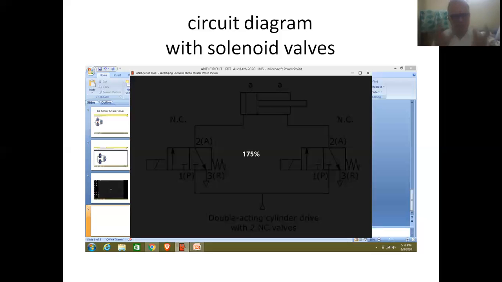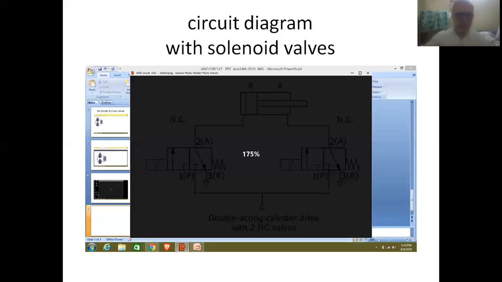So friends, this is the diagram which indicates the arrangement of end valve circuit, utilizing solenoids for valve operations.